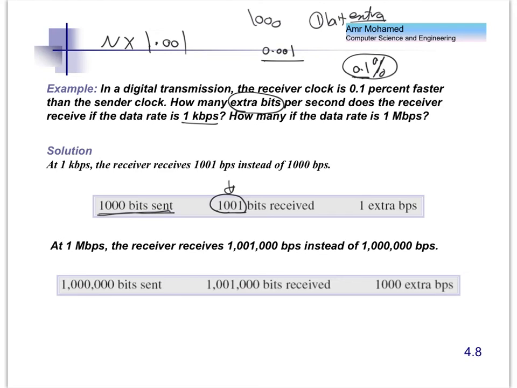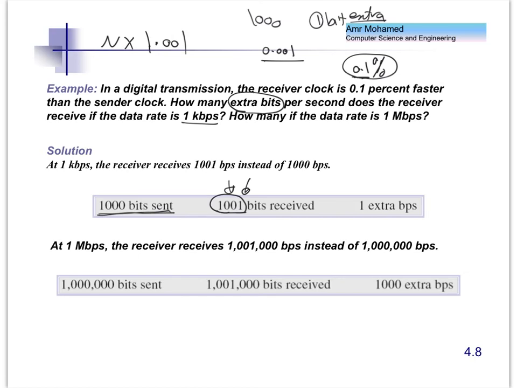Yes, exactly, these extra bits are due to the clock drift, because of the fact that the two clocks at the sender and the receiver are not 100% identical.